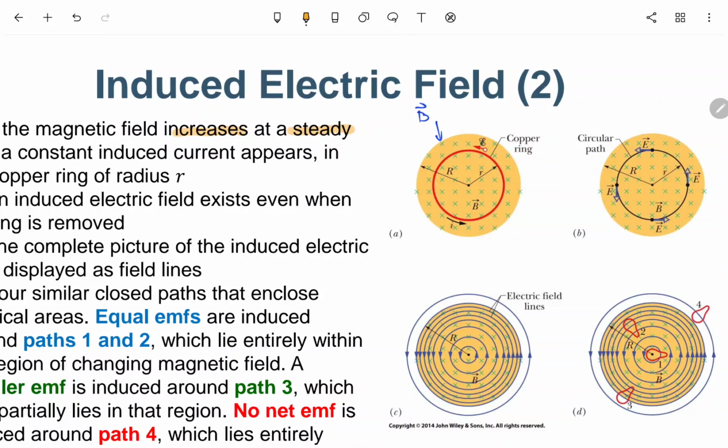Okay, so actually, suppose this is a closed loop that we would like to consider for applying Faraday's law.